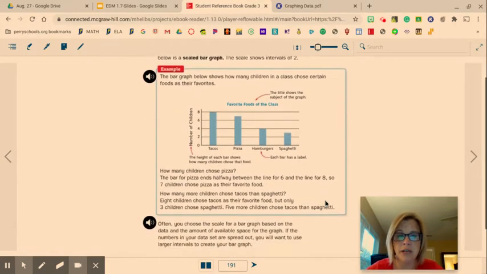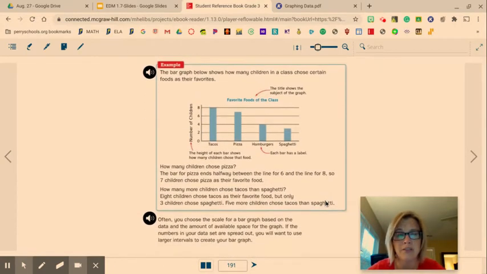When you look at a bar graph, you're able to identify information quickly and easily. For example, if you want to find out how many people like pizza, you can find the column with pizza, and then count up to see how many. Each line is 2, so we can count up by 2: 2, 4, 6.